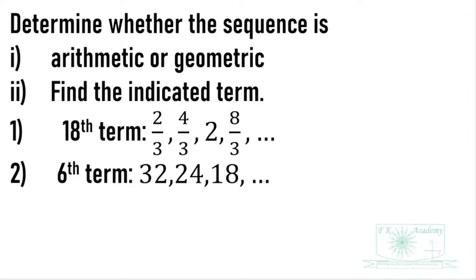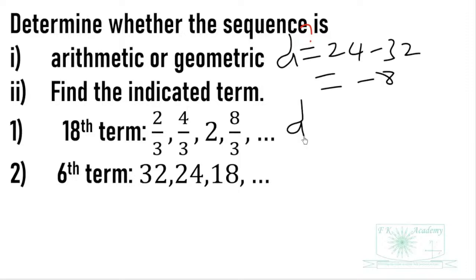So again, we have to determine whether this is geometric or arithmetic. So we check, we subtract: d equals 24 minus 32. We are checking whether there's going to be a common difference. 24 minus 32 will give us negative 8.